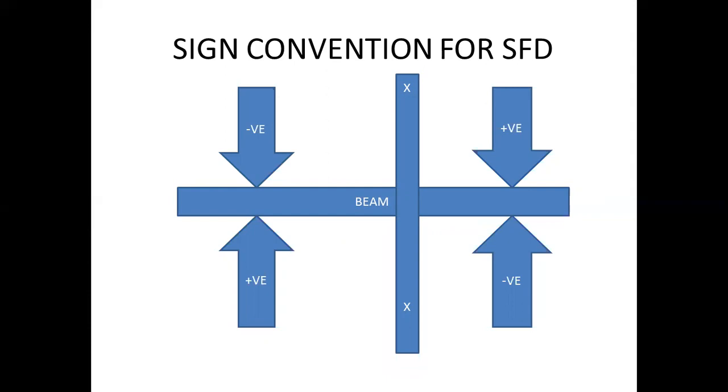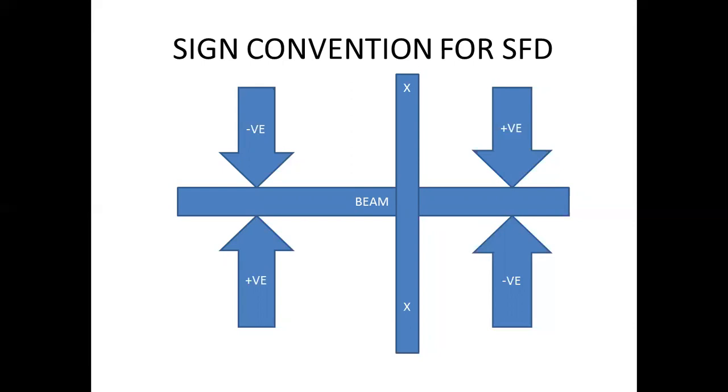If downward forces are acting on the right side of the section, then we will take it as positive, and if upward force acts on the right side of the section, we will take it as negative force.